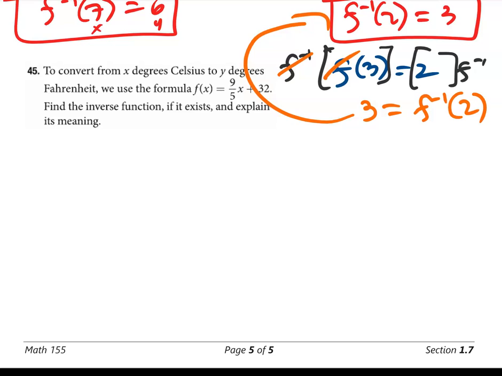Last problem. To convert from x degrees Celsius to y degrees Fahrenheit, we use the formula f of x equal to 9/5 x plus 32. Find the inverse function if it exists, and explain its meaning. So f of x equal to 9/5 x plus 32. So let's write this as y equals 9/5 x plus 32. Then we can switch x and y.